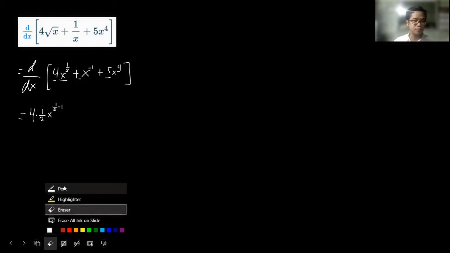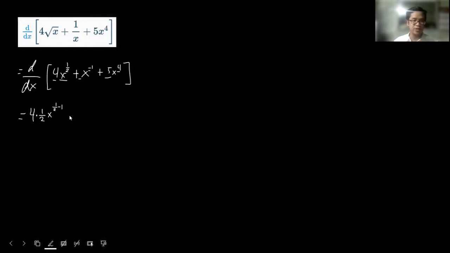It's just the same. Let me rewrite the plus sign. There we go. Plus: bring down the exponent. I will use parentheses here because it is negative.